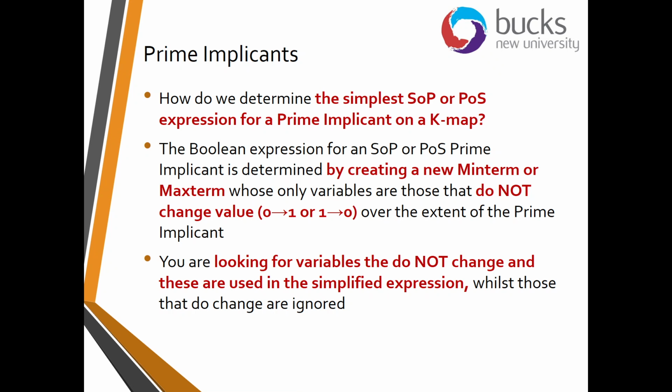So variables that don't change from 0 to 1 or 1 to 0 over the extent of the prime implicant. So we're looking for things that do not change. These are used for the simplified expression, whilst those that do change, we ignore.